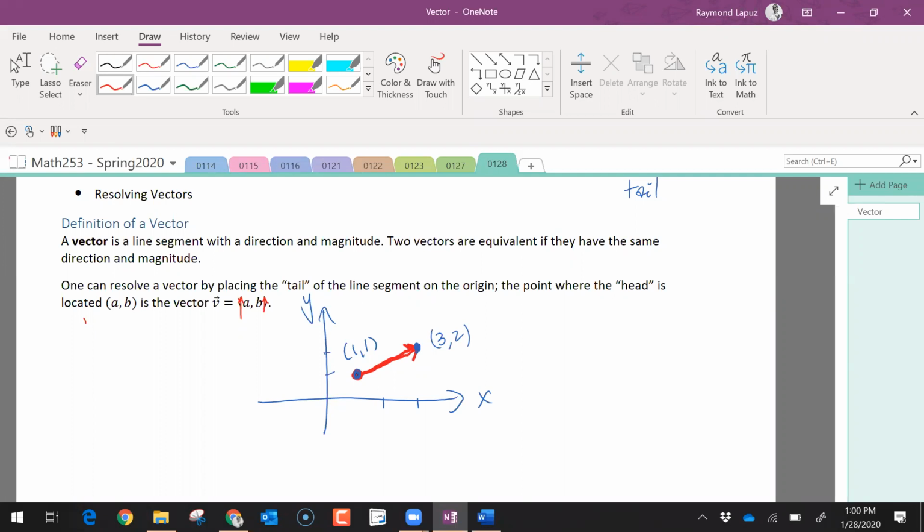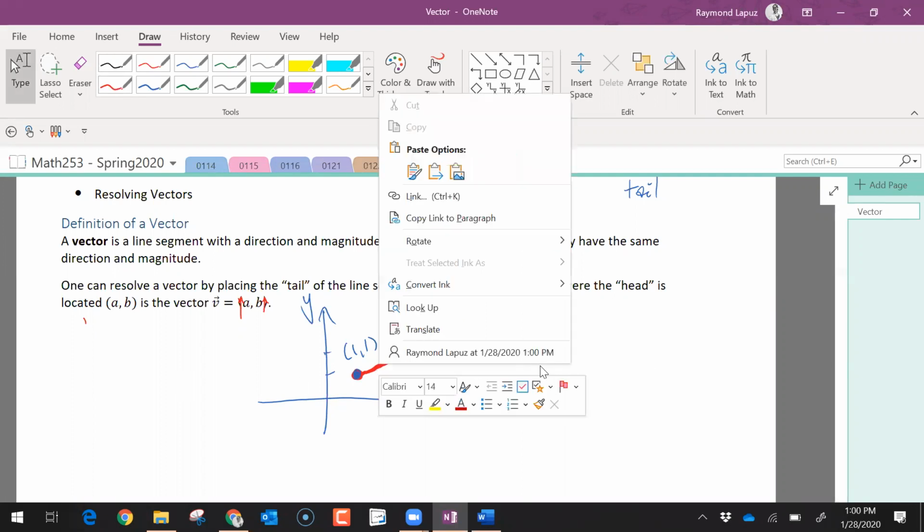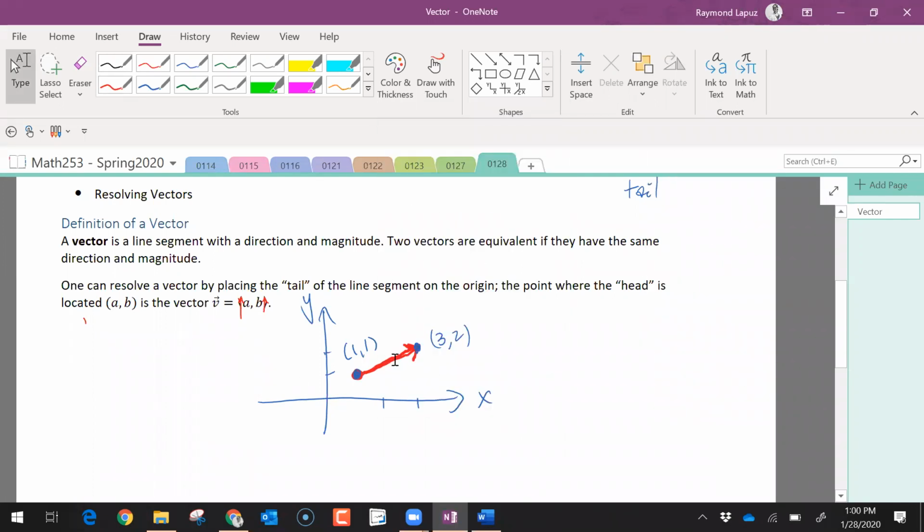So to resolve this vector, the term resolving means to try to give a name to this vector. To resolve this vector, what you want to do is take this vector and move it so that its tail is at the origin.